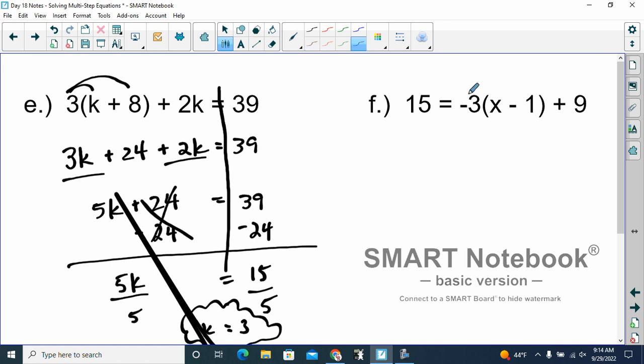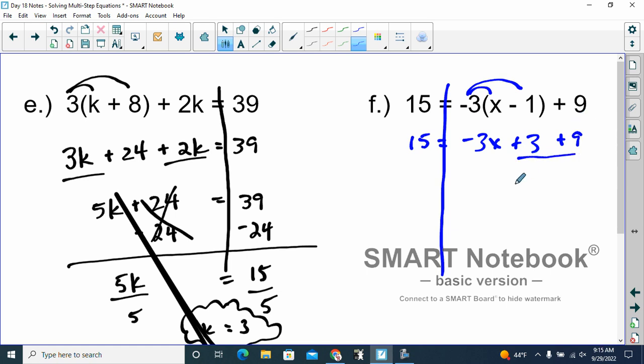Start with the distributive property. Negative 3 times x. Negative times negative, positive 3 times 1. We distributed this negative 3. Combine like terms. Positive 3 plus 9. There's like terms. They're on the same side. I can combine them.